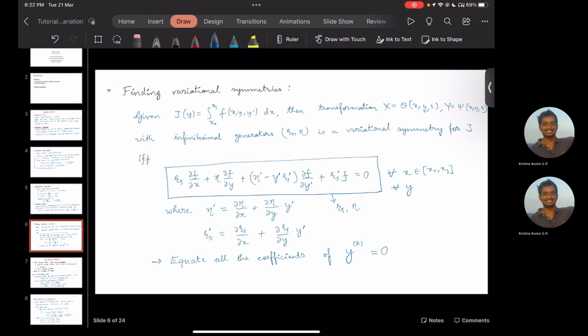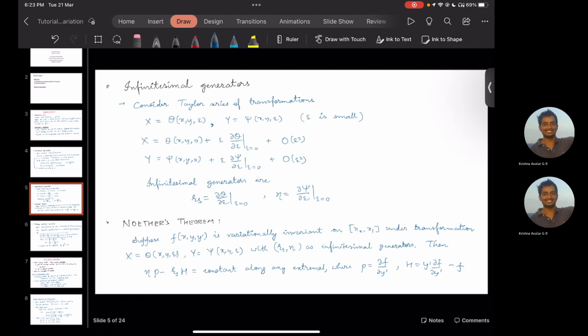And once you obtain the expressions for xi and eta, then we are able to compute the conservation laws for any system, and that's what Noether's theorem says, right? So this is a conservation law for functionals whose integrand is this.